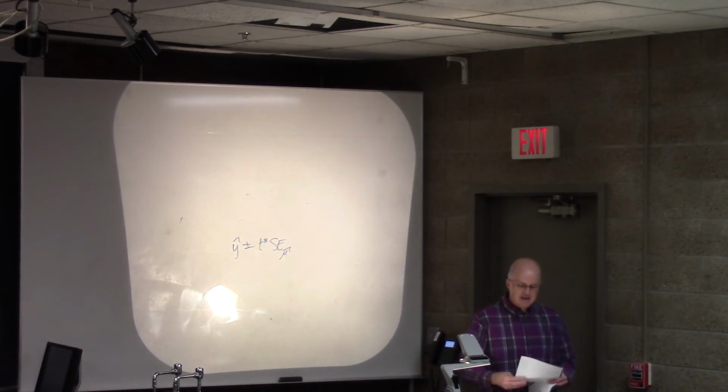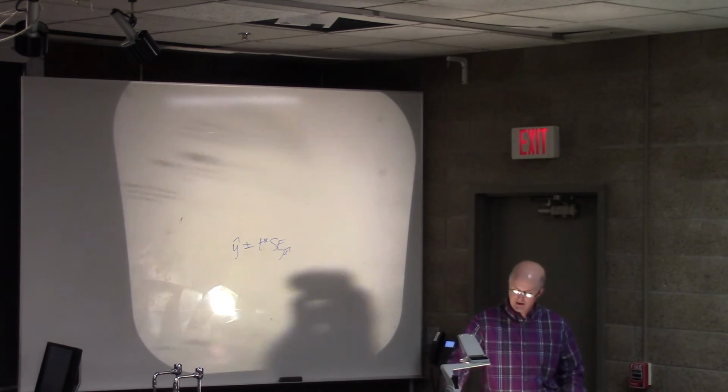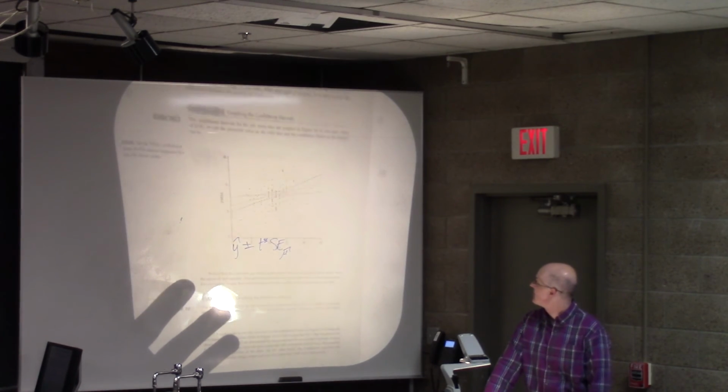class, you should also strive to understand these graphs that are in the next couple pages. What do we see here? We see the scatter plot for LOC and stress. We see the regression line in the middle there. We see two dashed curves. What do those curves represent? Those are representing, if you think vertically, a bunch of different confidence intervals for different values of x.